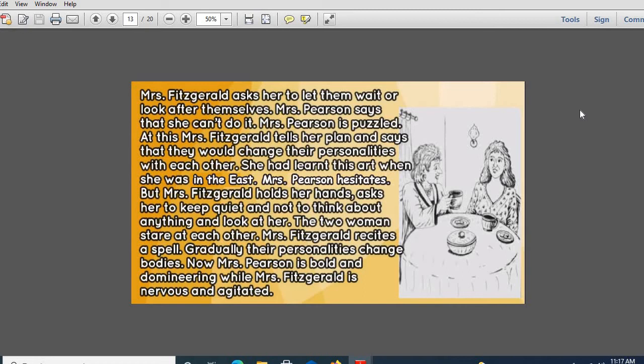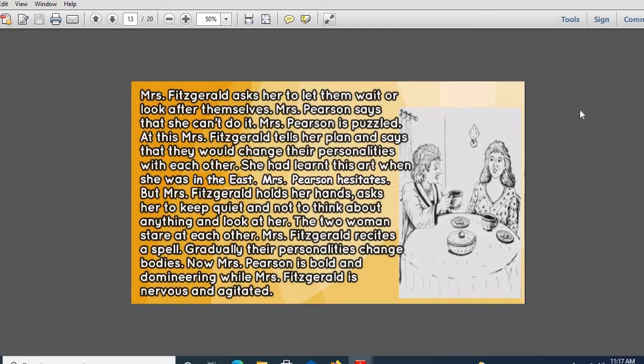The importance of a mother in a household, in a family. And obviously to let the family members of Mrs. Pearson realize what the status of a mother and a wife in a family should be, what the position of a wife and a mother in a family should be.